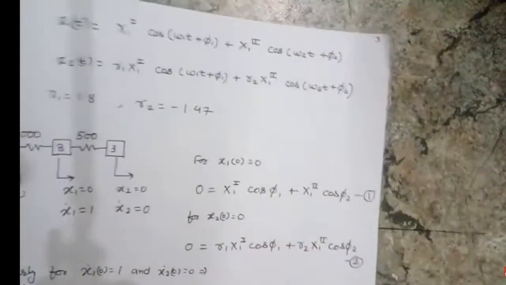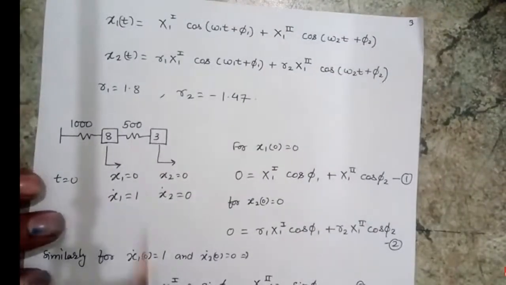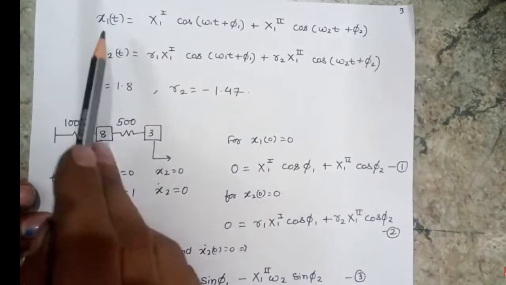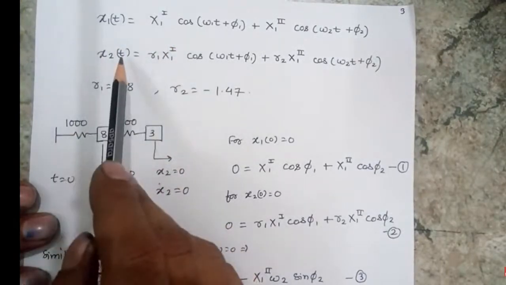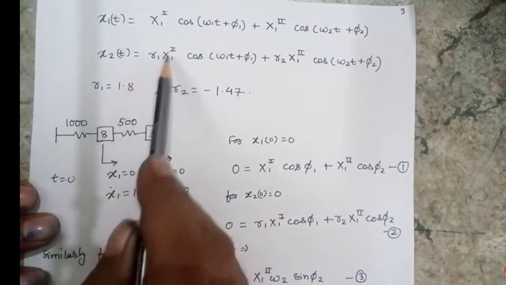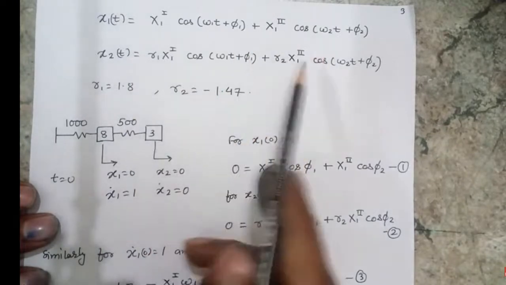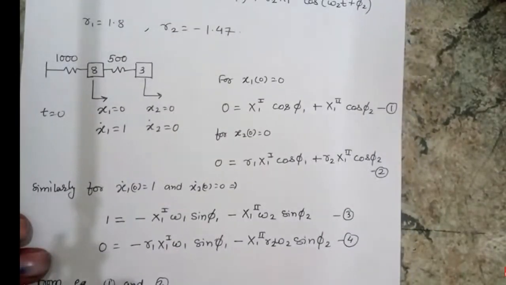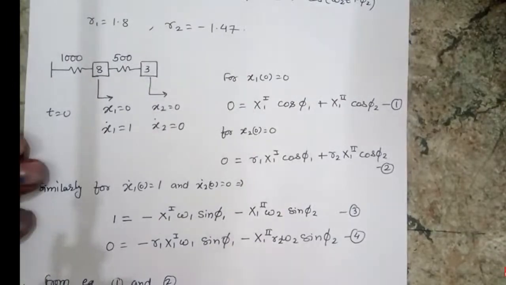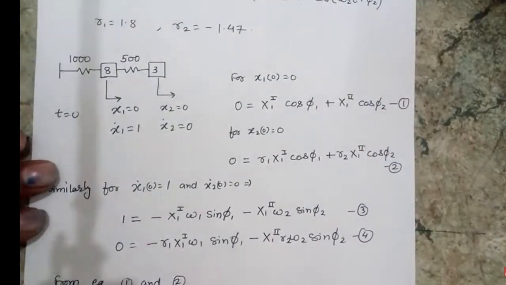After getting these equations for x1 and x2, I put in the R1 and R2 values and solve the four equations by taking some initial values to get my solution.